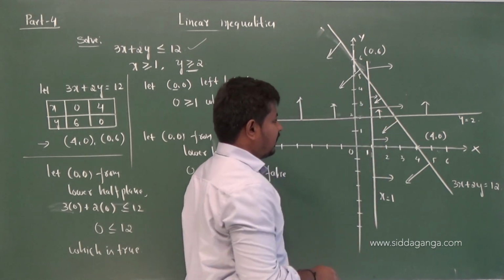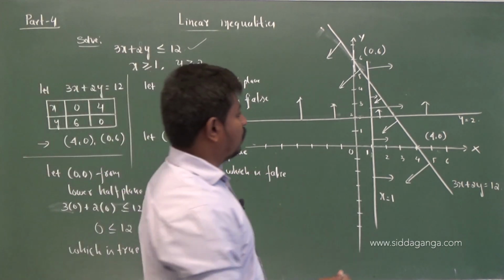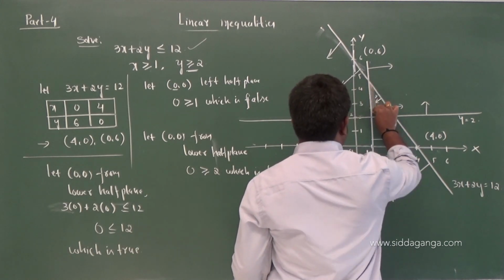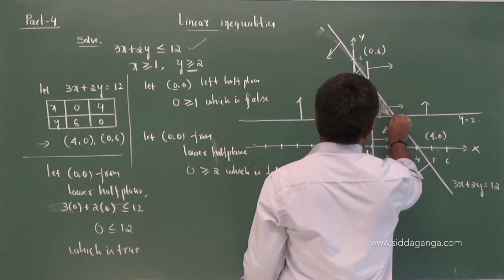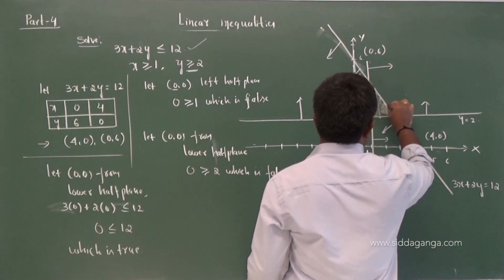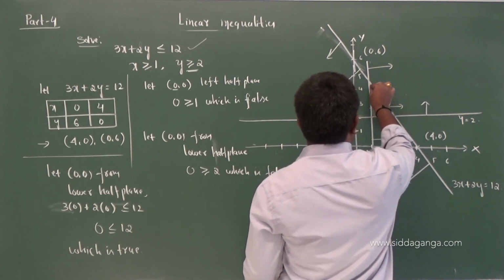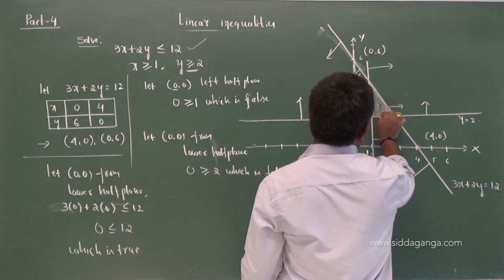So from all these three, the solution region is the triangle which I am going to shade now. This is a common region. The points in this common region satisfy all the given three inequalities.